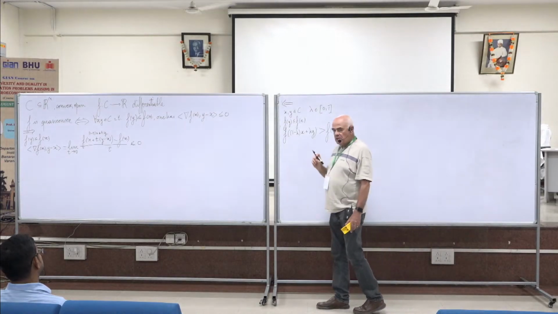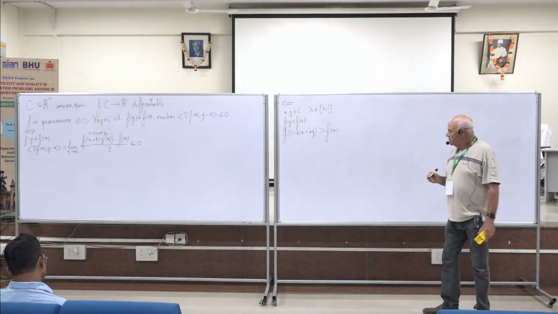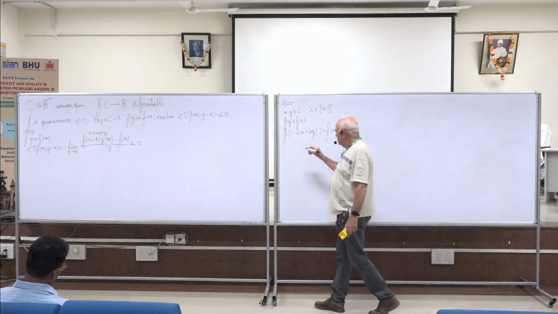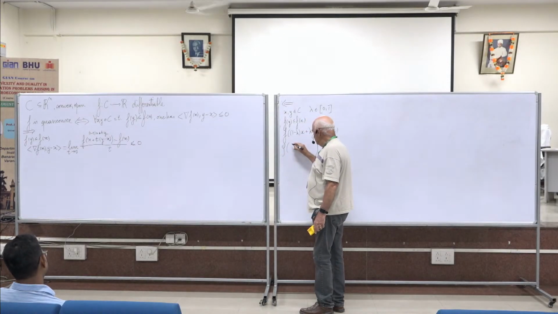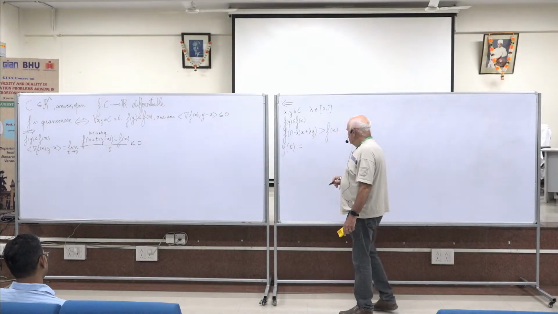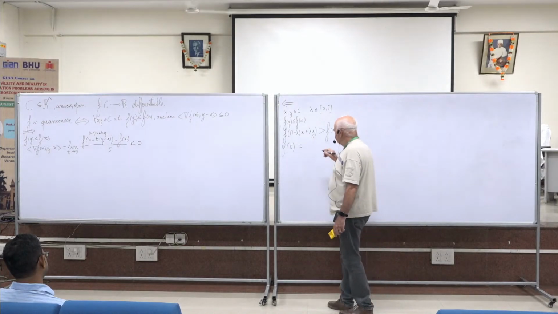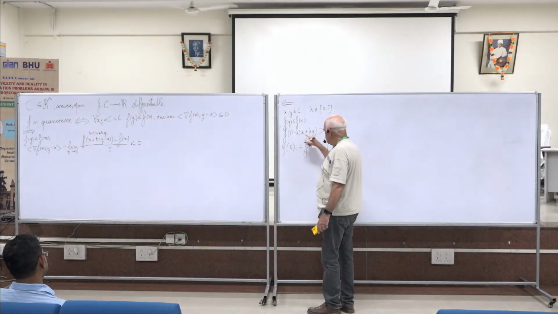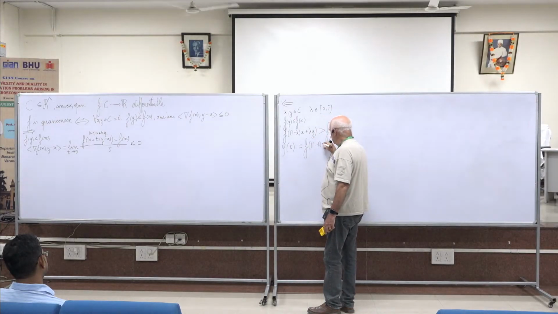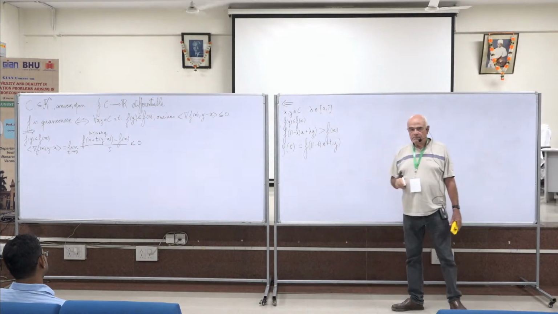So to this aim, I consider an auxiliary one-variable function, which I'm going to call phi of t for t between 0 and 1, is this expression, f of 1 minus t x plus ty. Okay?